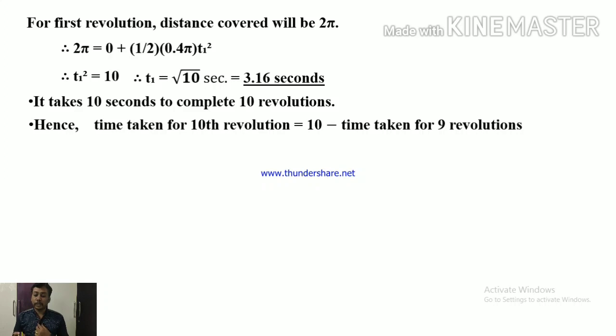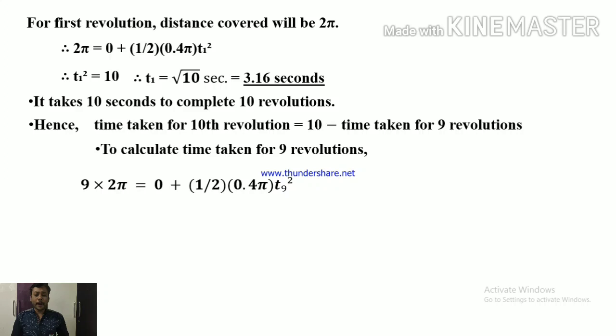So first we have to derive the time taken for 9 revolutions. Again, 9 into 2 pi is equal to 0 plus 1 by 2 into 0.4 pi into T9 square, where 9 into 2 pi means what? 2 pi is the angular displacement, that is theta, in 1 revolution. Here the total revolutions are 9, so the total displacement is 9 into 2 pi.